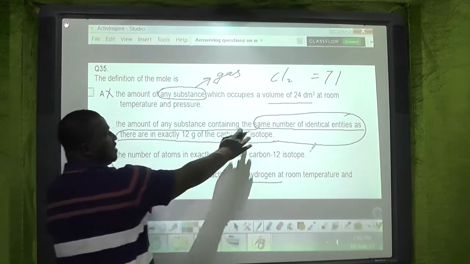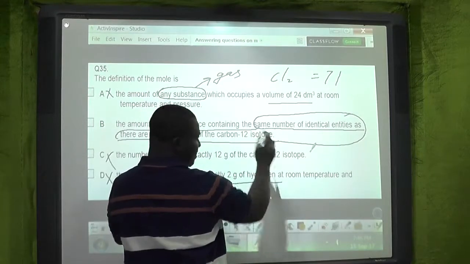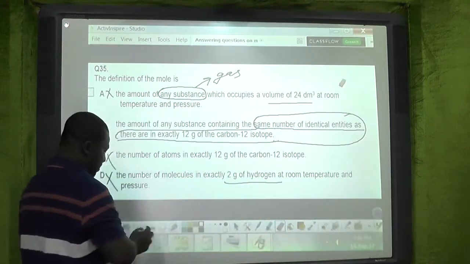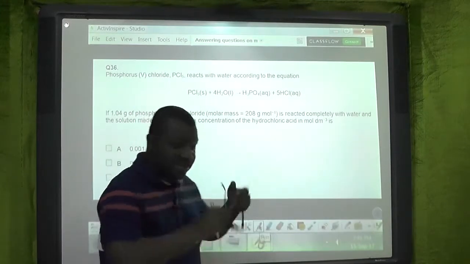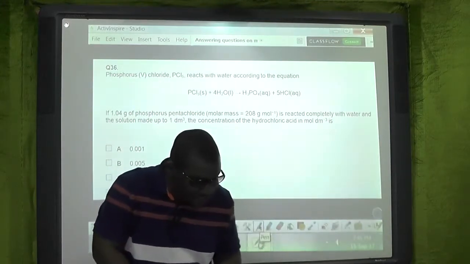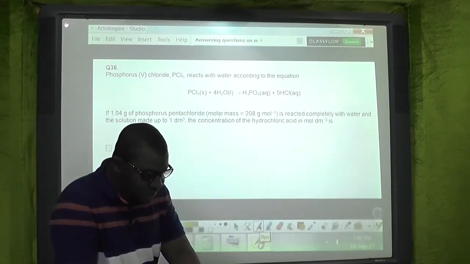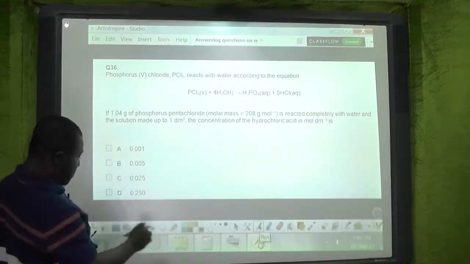You understand? So let's continue. Number B is the correct answer. B again is the correct answer. Any student giving this exam and having all his answers be B will be a very lucky student.